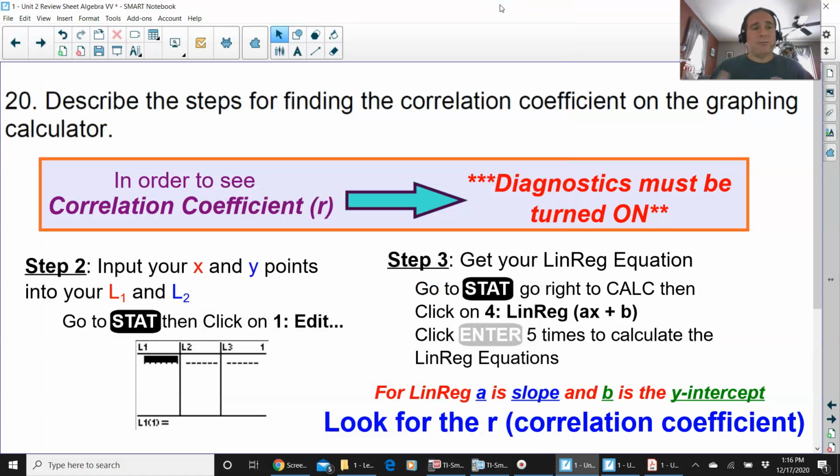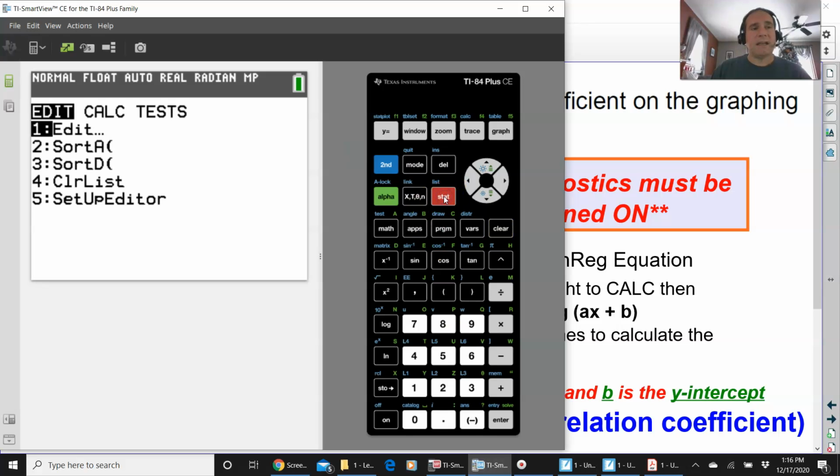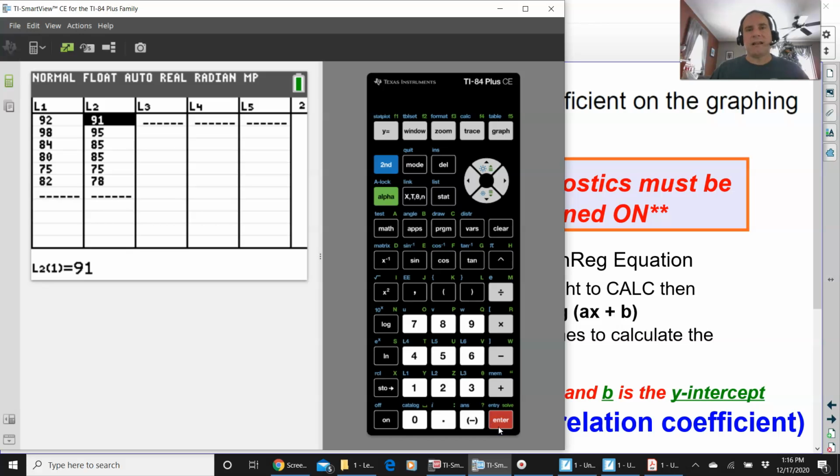All right. So step 2, you input the X and Y points into your L1 and L2, right? Just remember, every time that you press stat and it's on edit already, you press enter, and you see that I put a list in already.